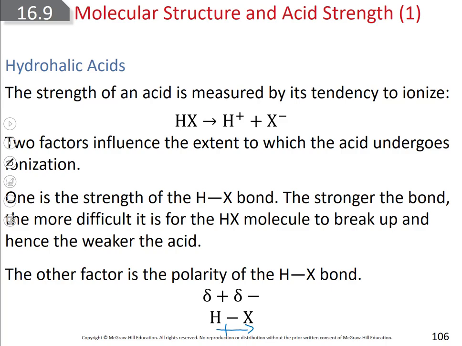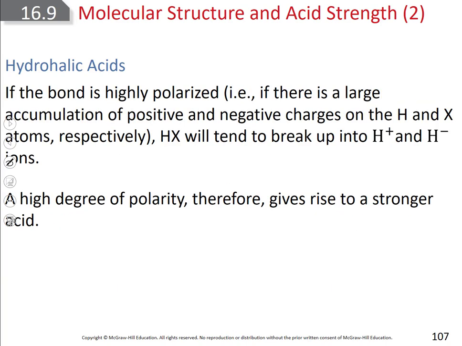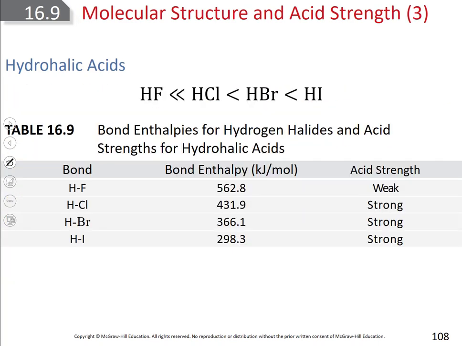positive. If we compare between HF and the other halogens, so, for example, chlorine, bromine, and iodine, this still happens but not as strongly because chlorine, bromine, and iodine are not quite as electronegative as the fluorine is. Therefore, the degree of polarity is going to be less for them. If the degree of polarity is less, then those partial charges are smaller.